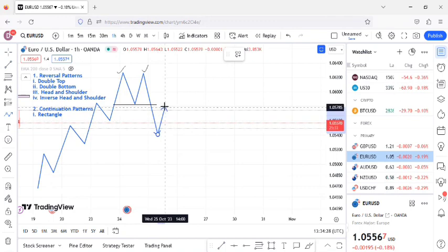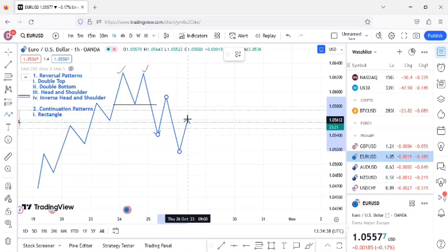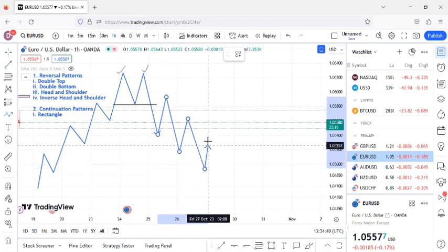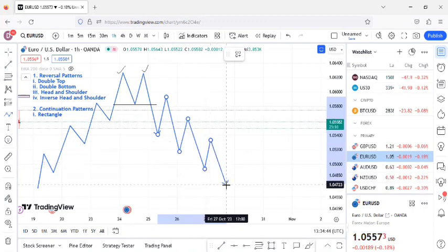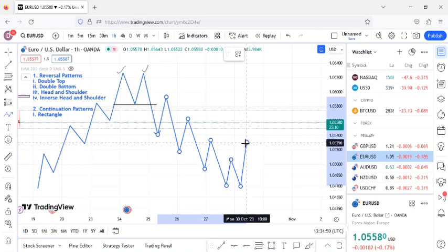You're having a lower high, lower low, lower high, lower low, lower high, lower low, lower high, lower low, lower high, equal low, then break of structure.